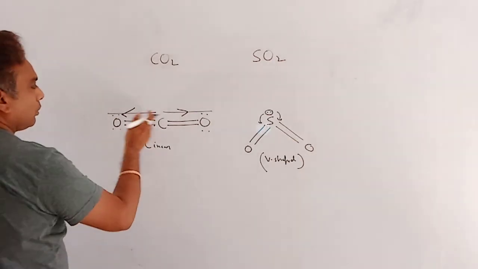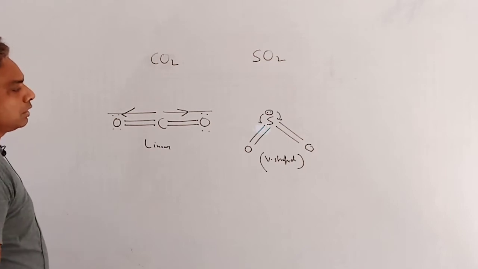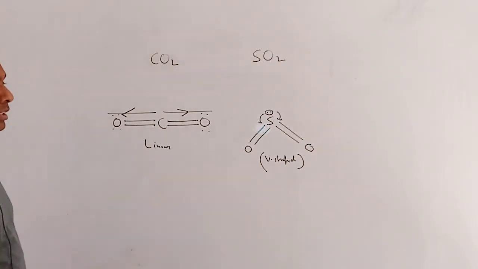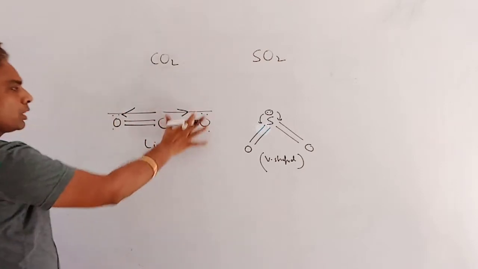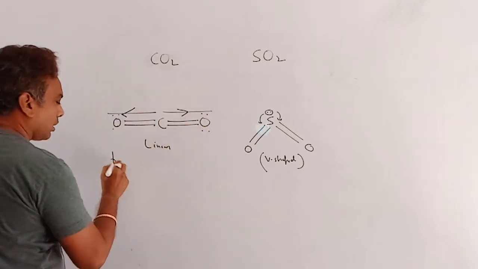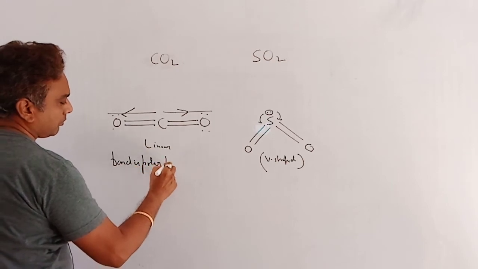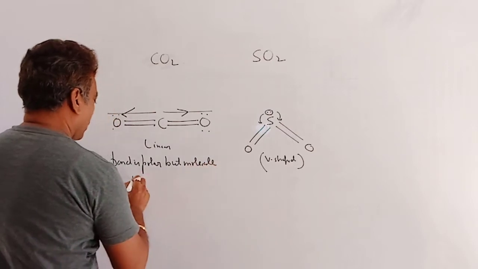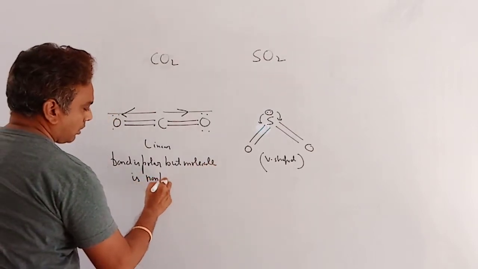But due to opposite direction, the polarity is neutralized. The polarity is neutralized. So bond is polar, but the net molecule is non-polar.